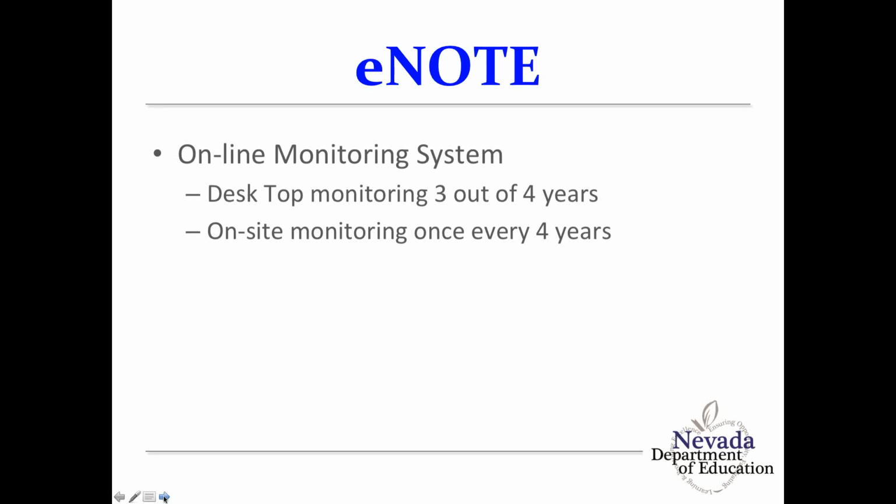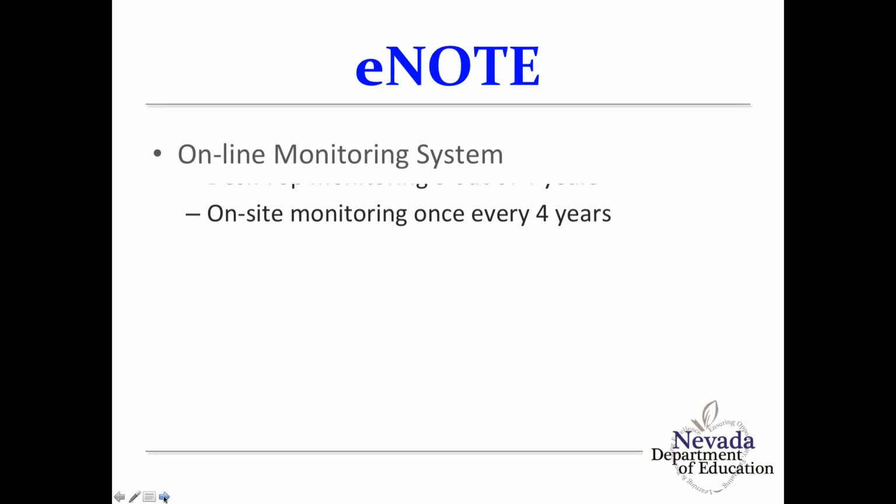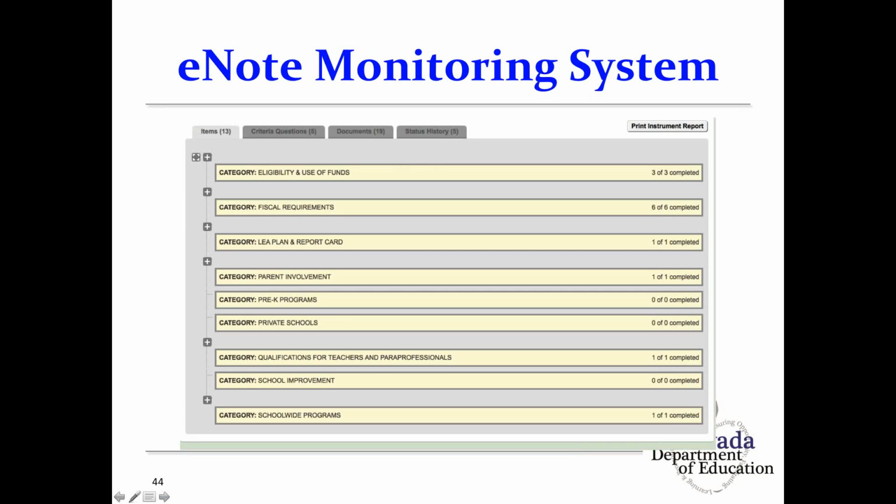And then we have eNote, which is more the compliance monitoring instrument, which is online, or what we call desktop monitoring. Desktop monitoring occurs 3 out of every 4 years, and then every 4th year we tend to do an on-site monitoring visit. I believe there are about 4 districts targeted for on-site monitoring this year.